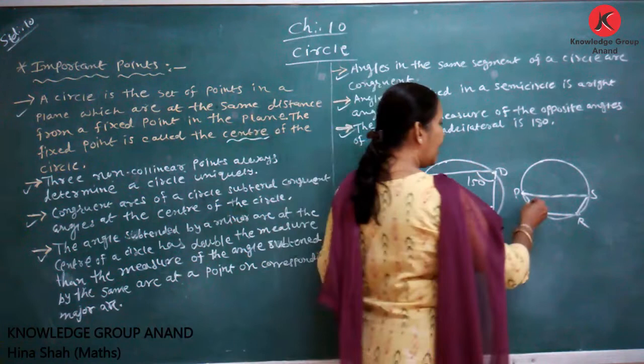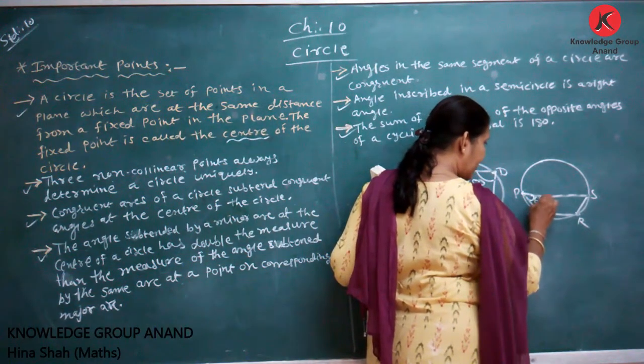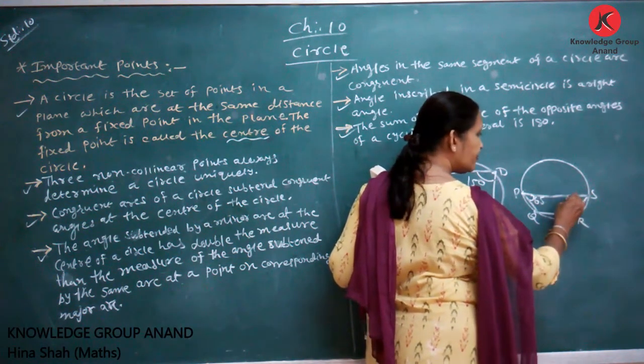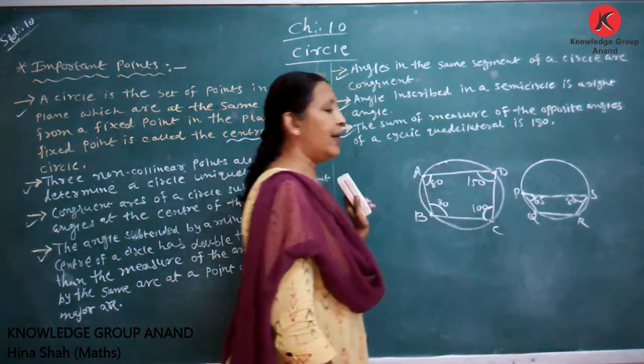In this question, PQRS is a cyclic quadrilateral. Angle P is equal to 65 and angle S is equal to 80. Find the other angles.